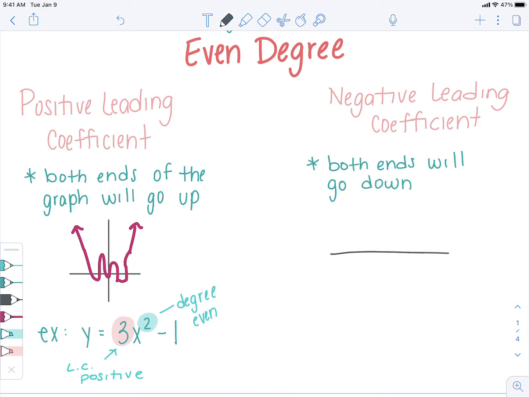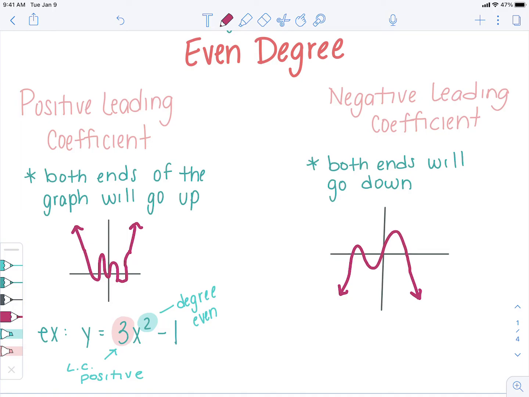So that's something where both ends of our graph are going to go down. And it could be something as simple as an upside down parabola. Could be something that looks like this.